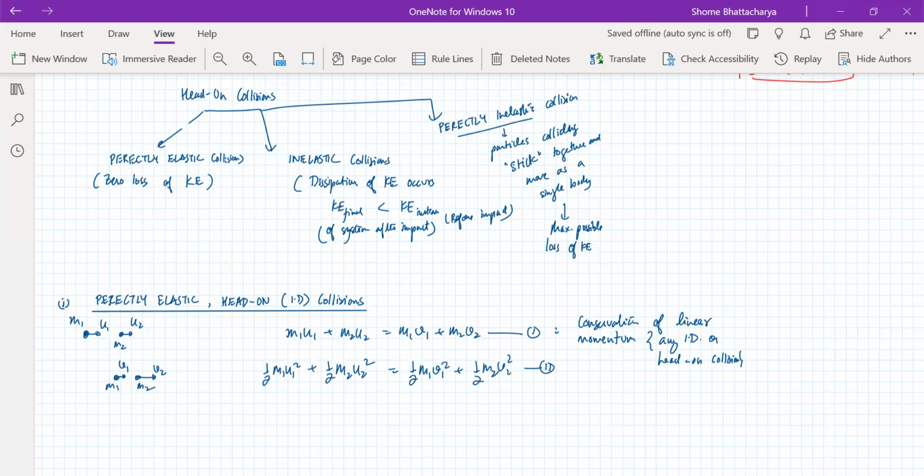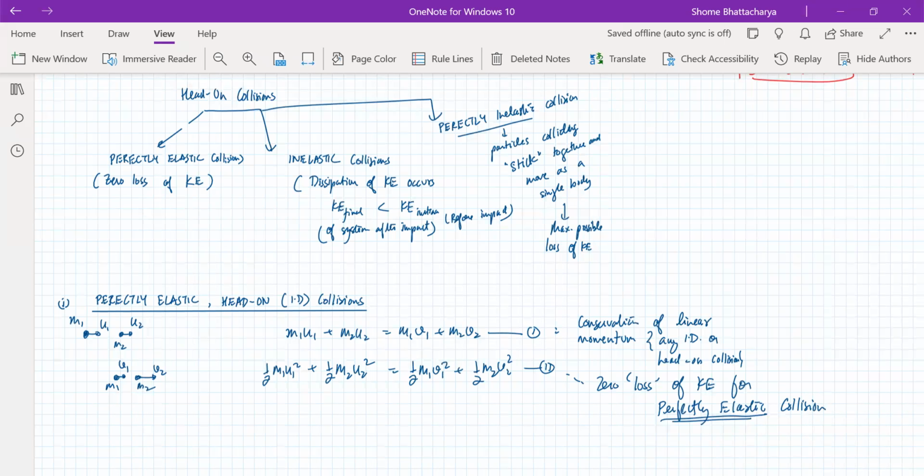This second equation comes from the zero loss of kinetic energy in a perfectly elastic collision. So this is not general for all head-on collisions. It is specific to perfectly elastic collisions.